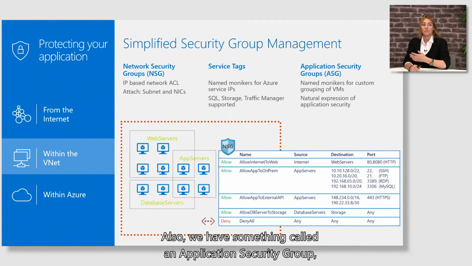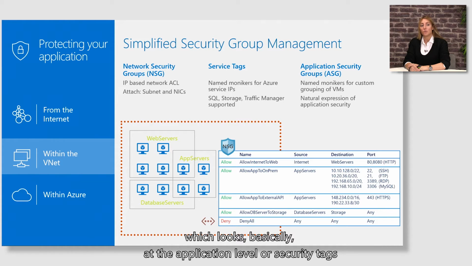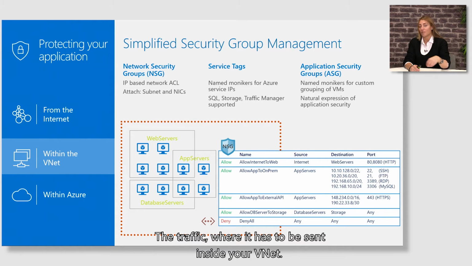Also, we have something called an application security group, which looks at the application level or security tags when you are using VNet peerings, and you specify where the traffic has to be sent inside your VNet.